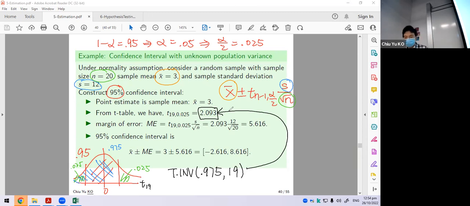I can show it in Excel, but this is the idea. Then you plug in everything, and the margin of error is about 5.6. So you would be adding and subtracting 5.6. Is that okay?